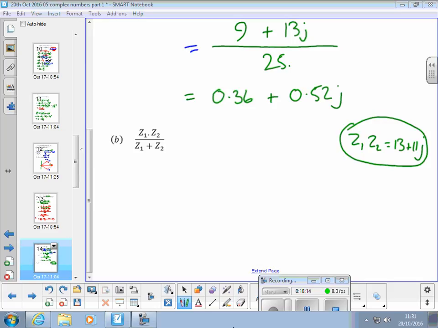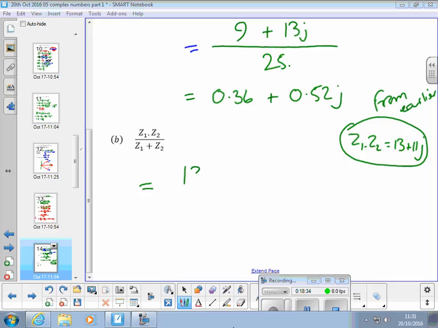We've got the top line of this one from the previous question, from earlier. Z1 times Z2 is 13 plus 11j.